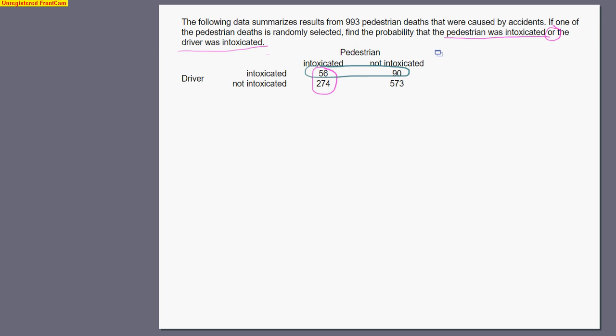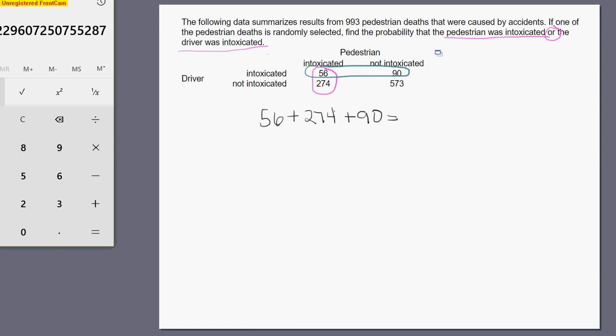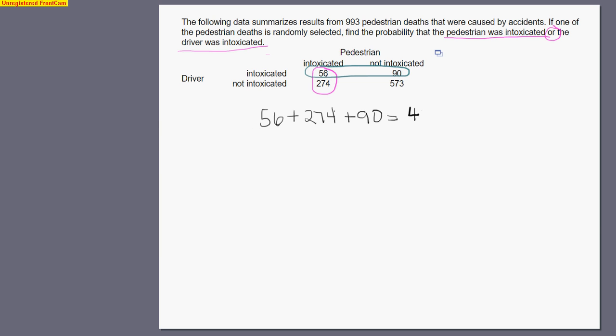However, if we do this method, because it's right there for us, we can just add the three numbers that are circled: the 56 plus the 274 plus the 90 equals 420, which is just what we had before. 420 out of a possible 993.